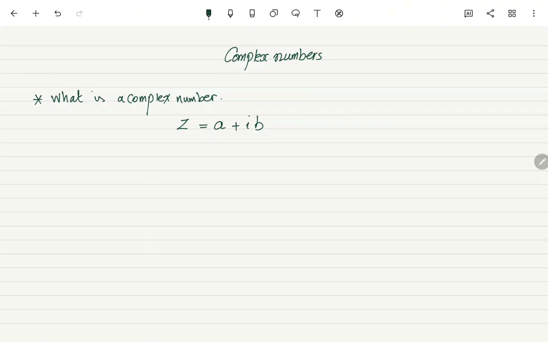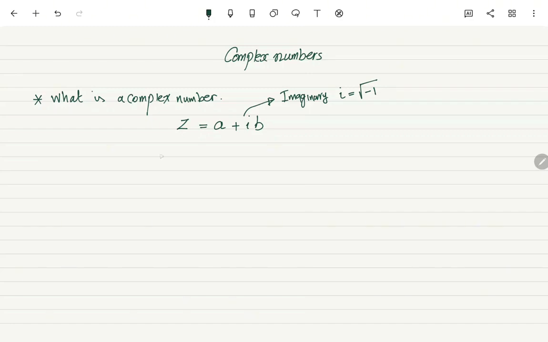And in this case here, i stands for imaginary and i is equal to the square root of minus 1.